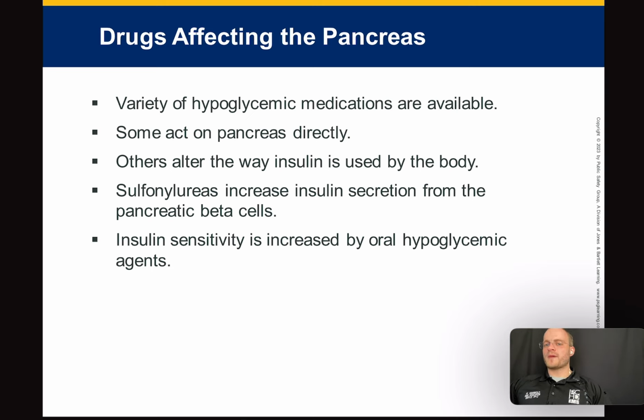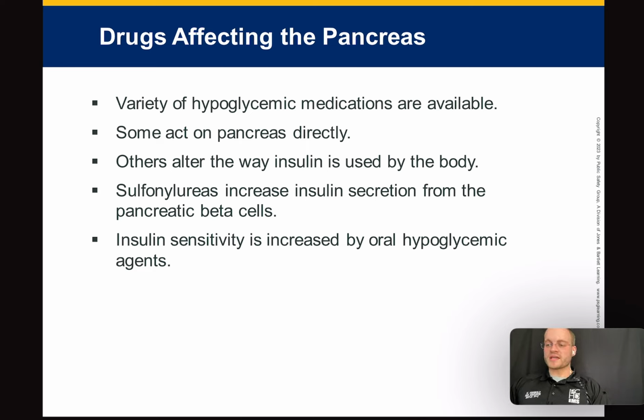So, drugs that affect the pancreas. There's a variety of hypoglycemic medications that are available. Glucagon would be an example. Oral glucose would be another example. Some act on the pancreas directly. An example of this would be metformin a little bit.